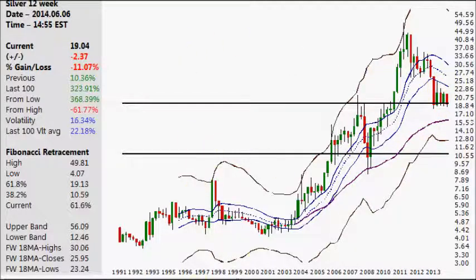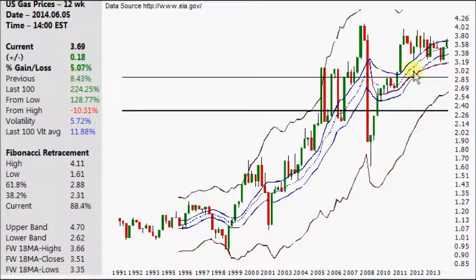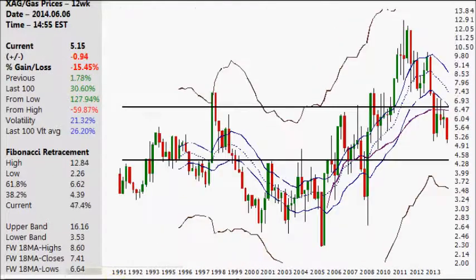Now, again, let's go back to the gas prices, but take a look at it priced in silver. And here we have it. So right now, $5.15 is the price, which means for every ounce of silver, you would get a little over 5 gallons of gasoline.